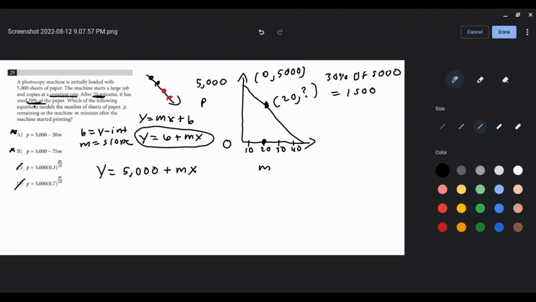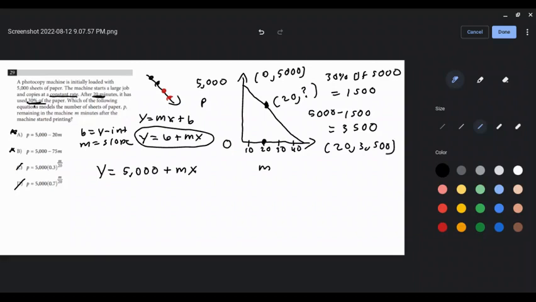So we need to subtract 1,500 from 5,000. So when we do that, we get 3,500. And that's the y value. So our end coordinate is (20, 3,500).